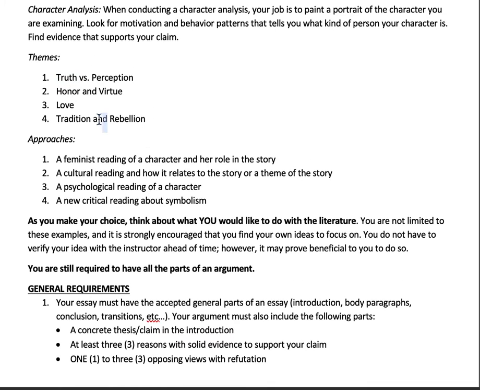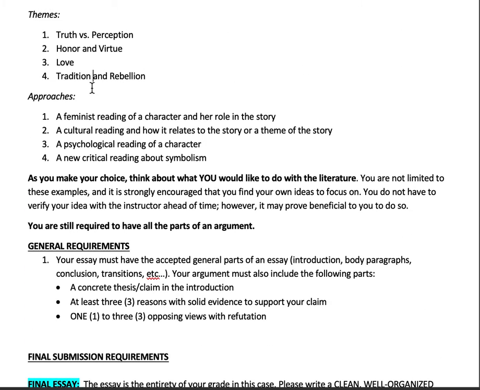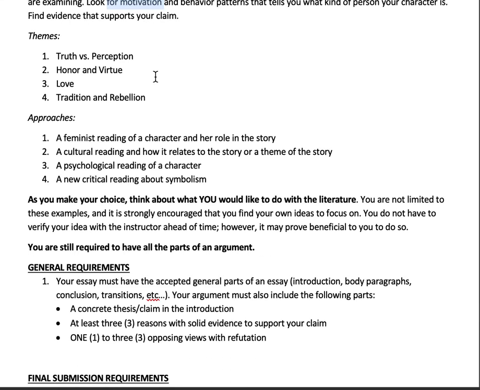If you're going to tell me that tradition is the most important thing in this culture, you need to pull in quotes which show me that as the audience. If you're going to say the same thing about a character, that a character is a protagonist and they're the good guy, and that that character is telling the truth, then you need to pull in quotes that prove that.